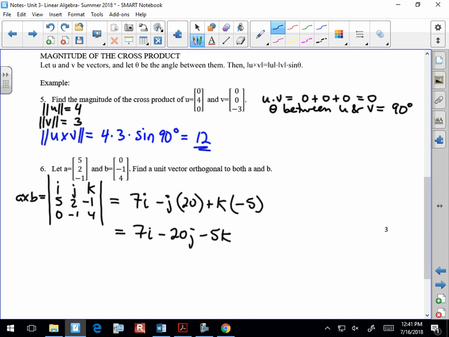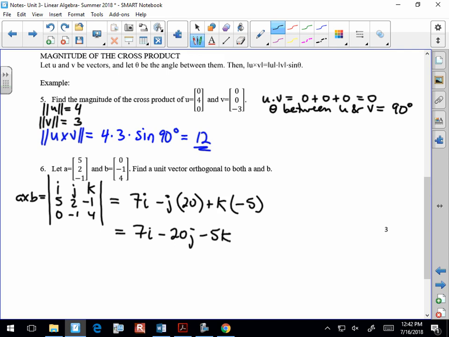Now, the angle that separates them. If you're going to use the magnitude formula, you'd have to come up with the angle that separates these two. Quick dot product, 0 minus 2 minus 4 is not going to be equal to 0, so it's not a clean 90-degree angle. In order to use the formula, cosine theta equals the dot over the magnitudes multiplied, I'd have to find the magnitude of this guy and the magnitude of that guy, multiply them together.